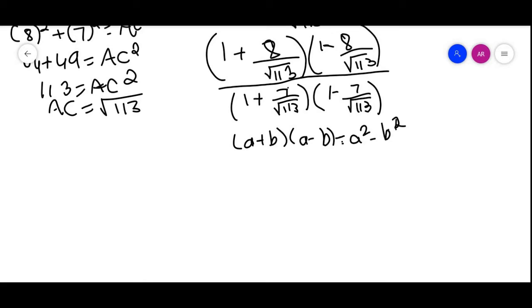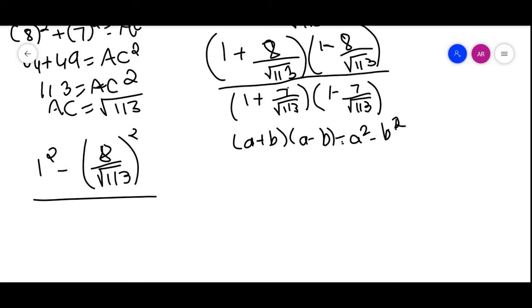It's going to become 1 square minus 8 root of 113 whole square. Same to do in the denominator. So it's going to become 1 square minus 7 root of 113 whole square. Alright. So let's try to simplify it.